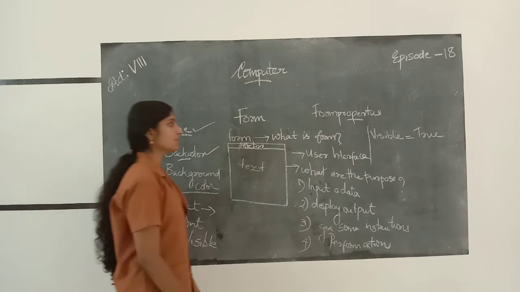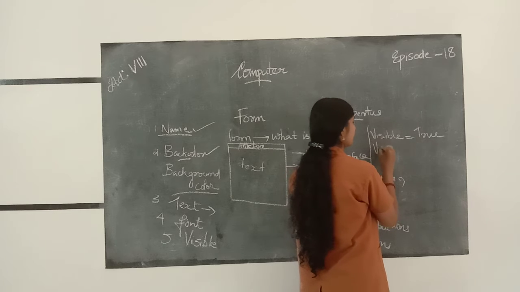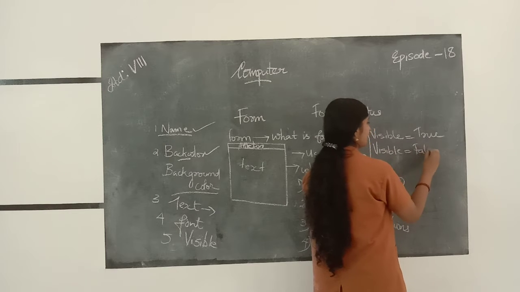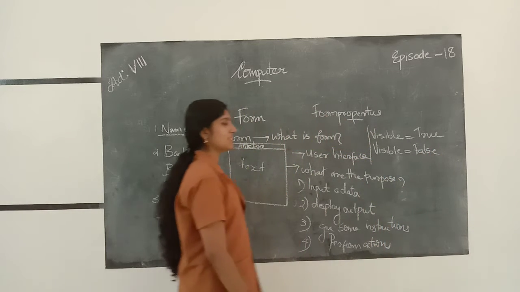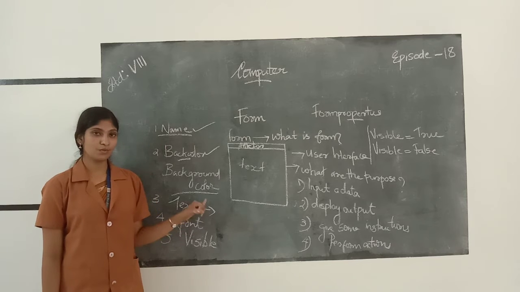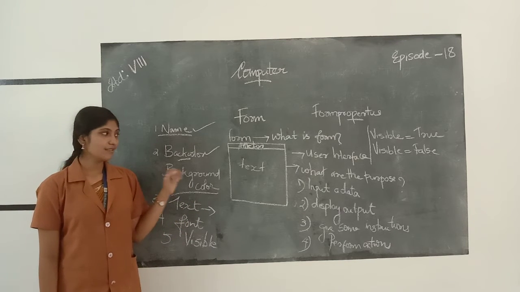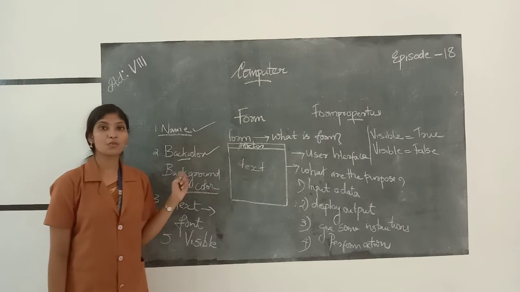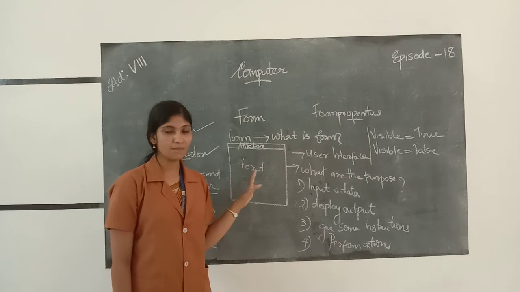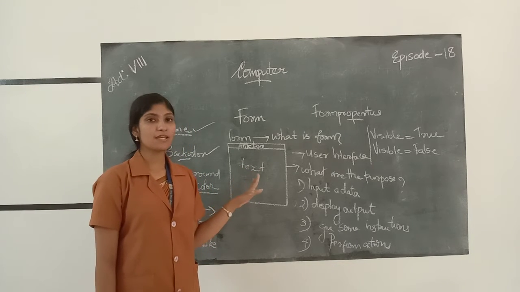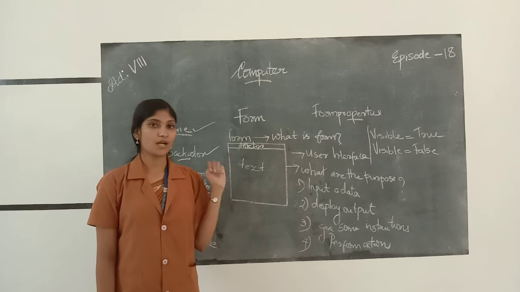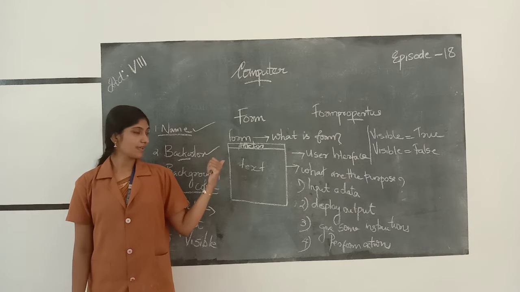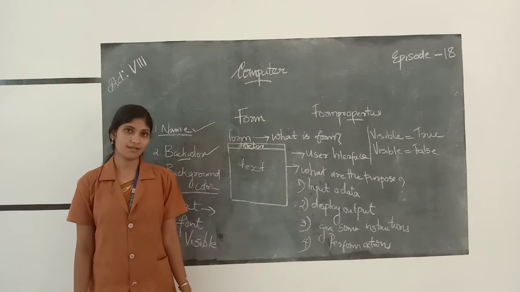Then if visible is set to false, what happens? We can set visible equal to false during design time. Then the form cannot be displayed to the user during runtime. So the user cannot see this form during runtime.